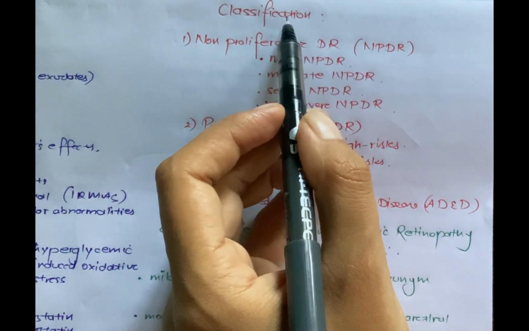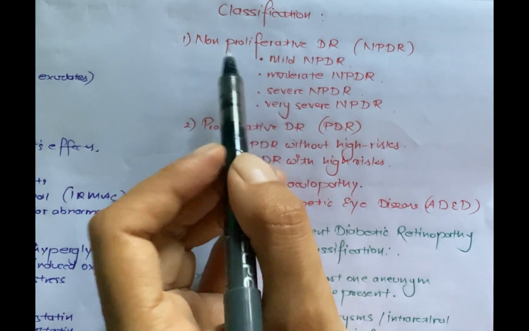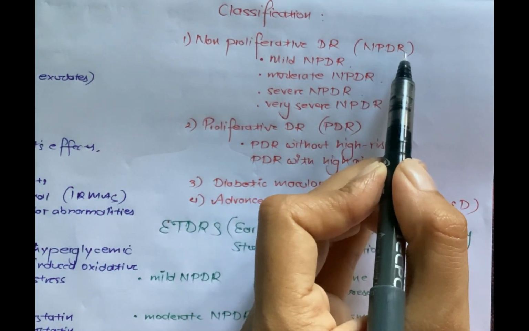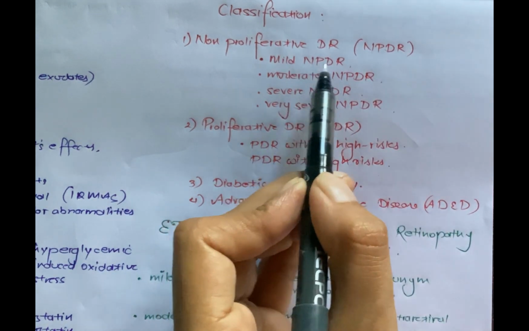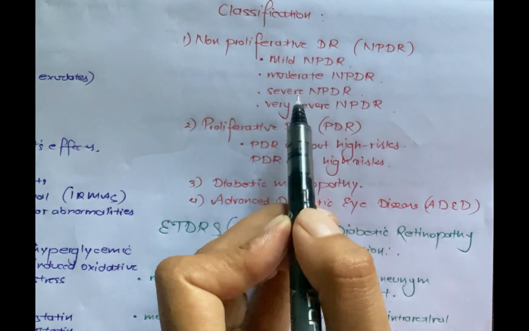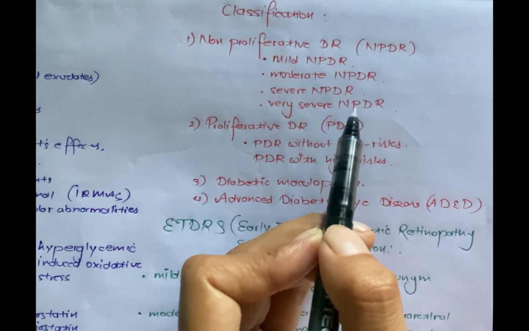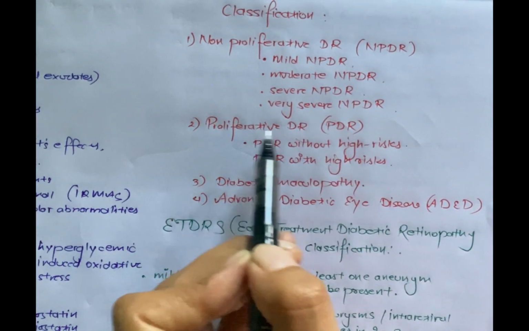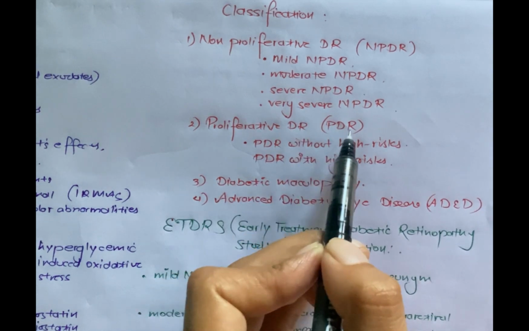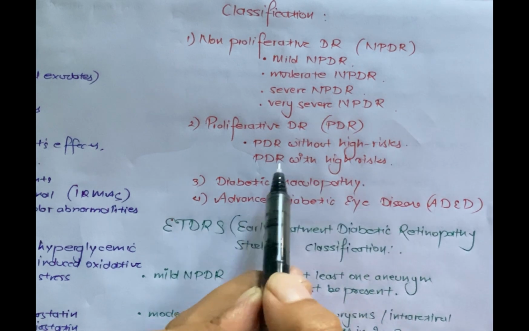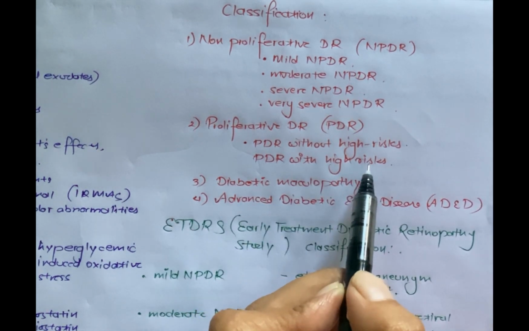Moving on to the classification, there is non-proliferative diabetic retinopathy, that is NPDR, which is further classified into mild NPDR, moderate NPDR, severe NPDR and very severe NPDR. And there is proliferative diabetic retinopathy, that is PDR, which is PDR without high risk characteristics, PDR with high risk characteristics.